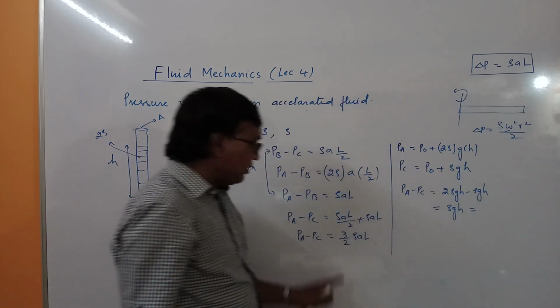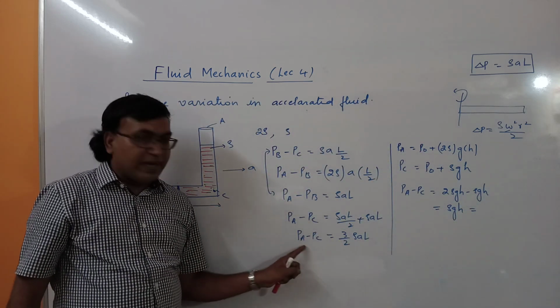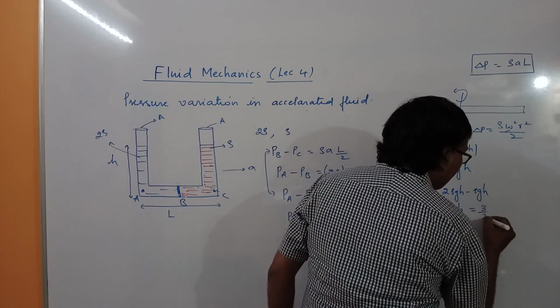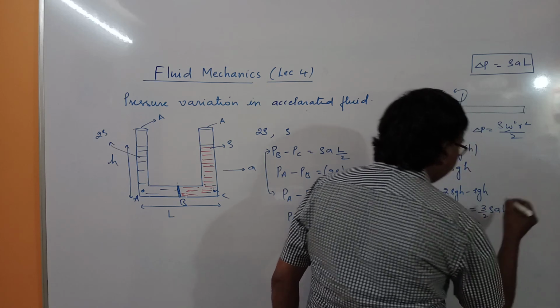And this should be equal to PA minus PC, so 3 by 2 rho AL.